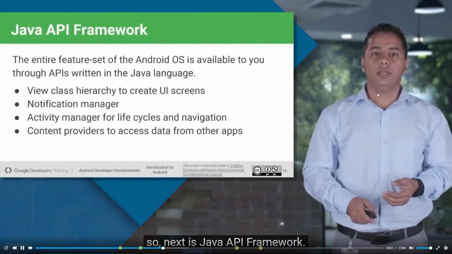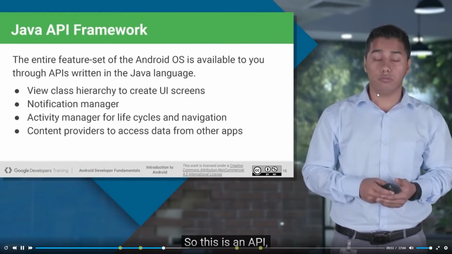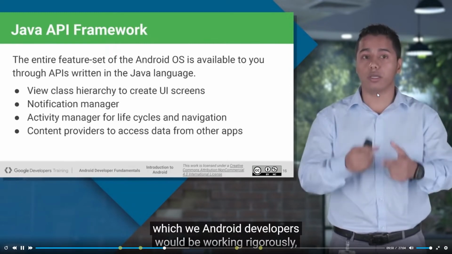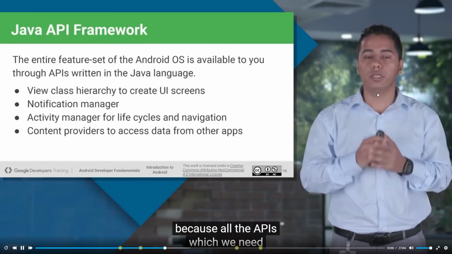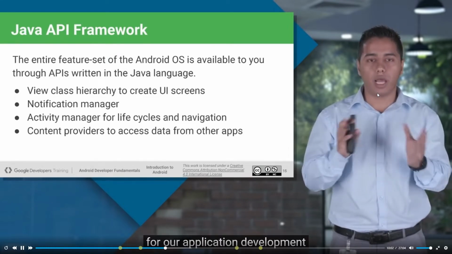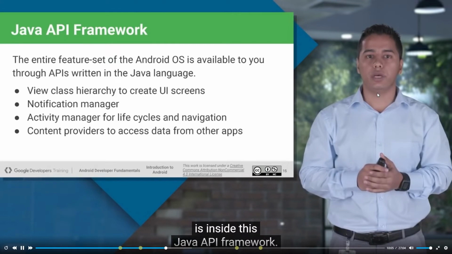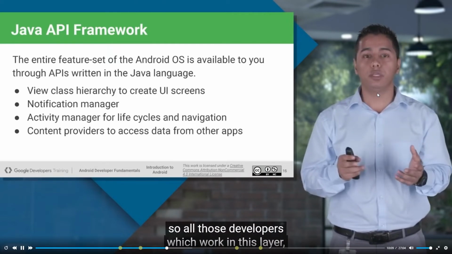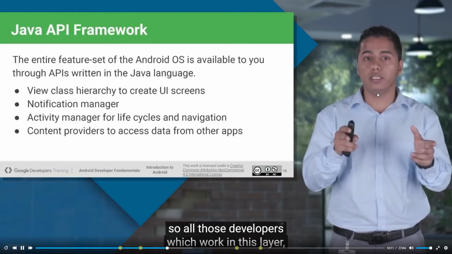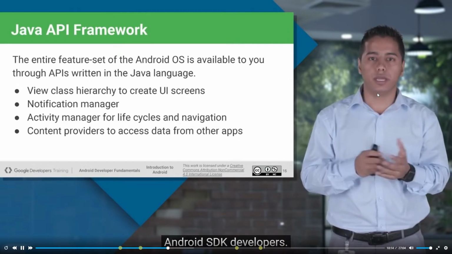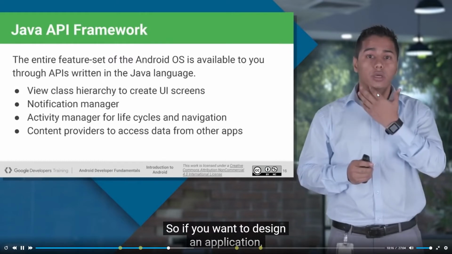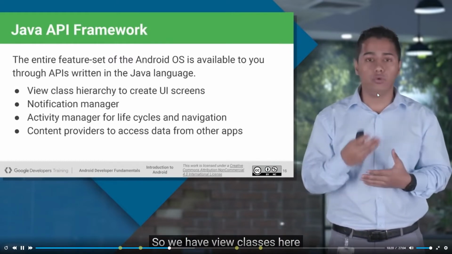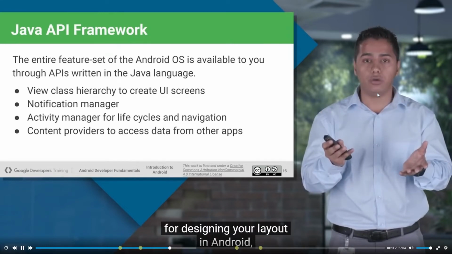Good. Next is the Java API framework. This is the API which we Android developers will be working with vigorously, because all the APIs which we need for our application development are inside this Java API framework. This is also known as the Android SDK. So all those developers who work in this layer are also known as Android SDK developers. If you want to design an application, you will make use of all these classes. We have view classes here for designing your layouts in Android.